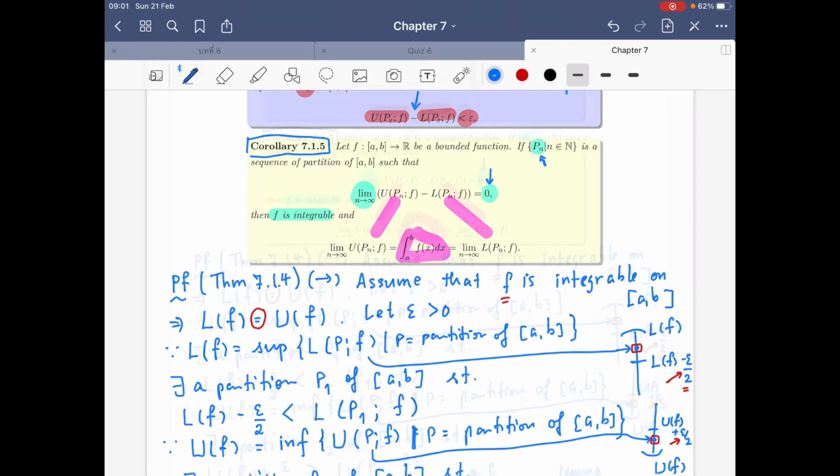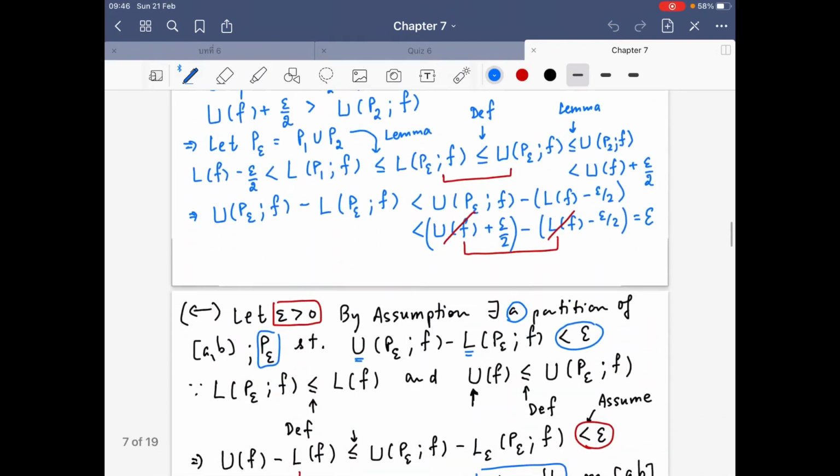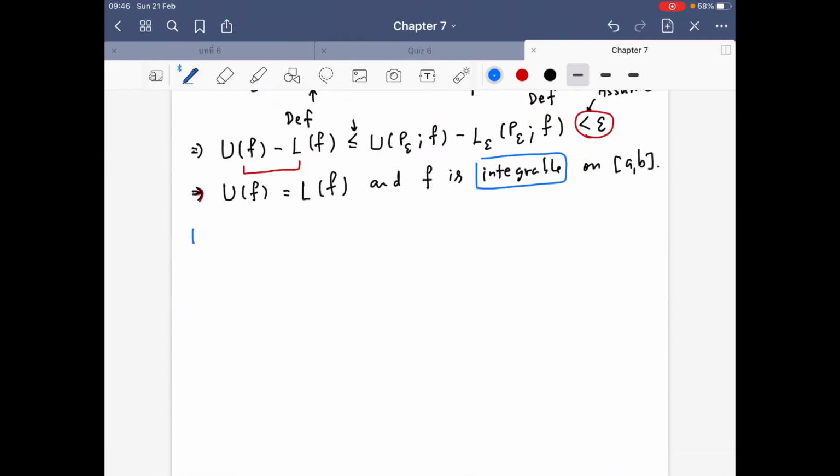All right, so this one is the proof of the corollary 7.1.5, because we are going to prove that this one implies that your f is integrable, right?